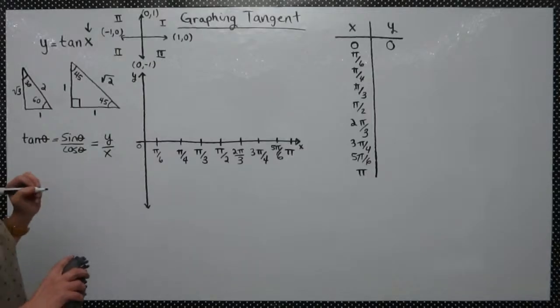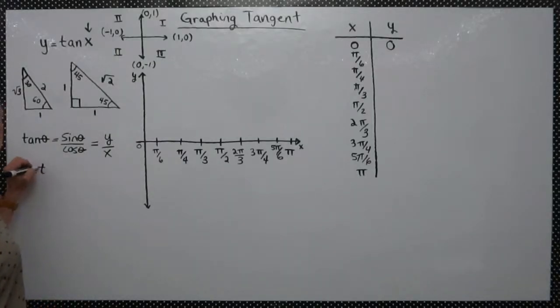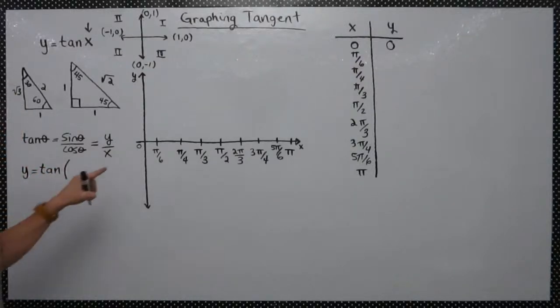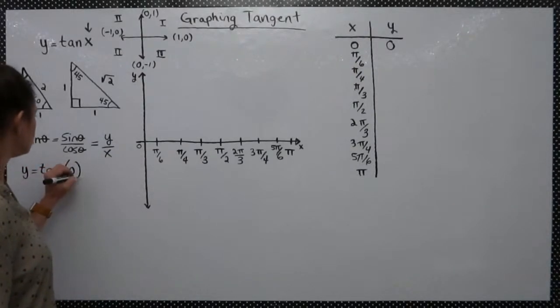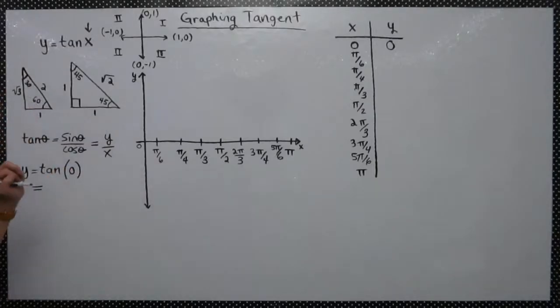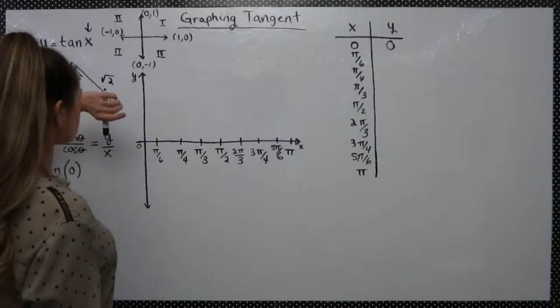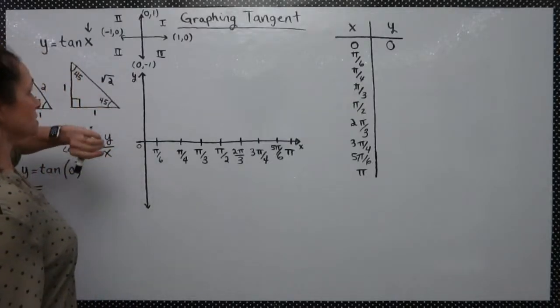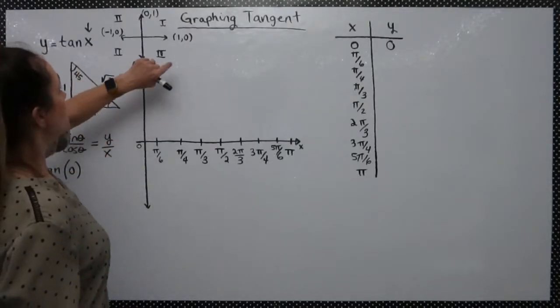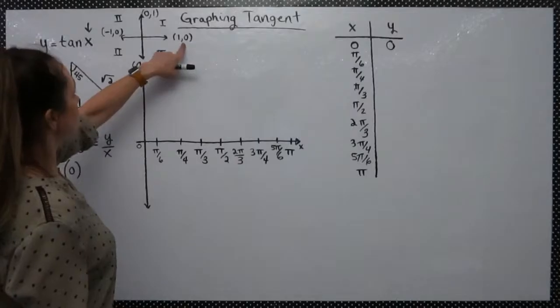But what you're actually doing is you're taking this function y equals tangent and plugging in for x 0. And then remembering, well, when tangent is 0, anytime sine over cosine is 0.